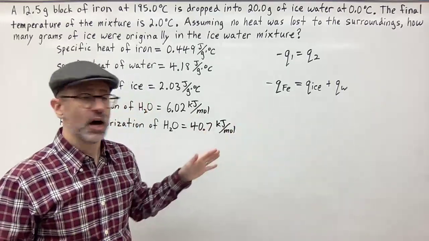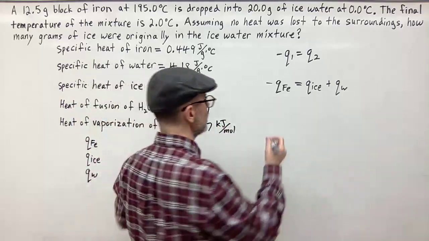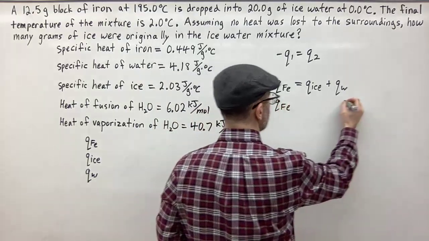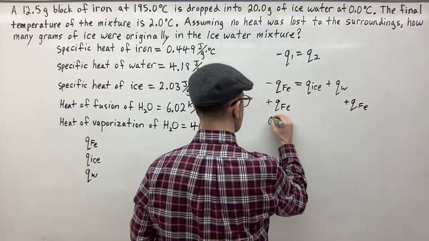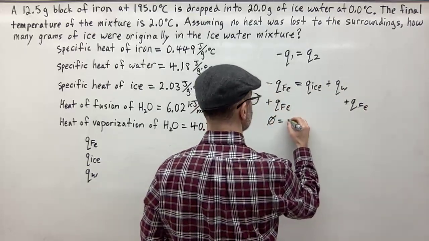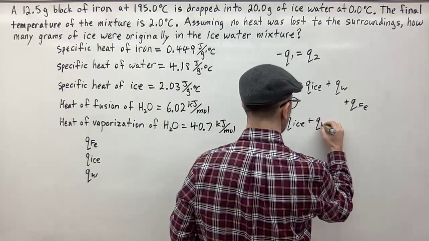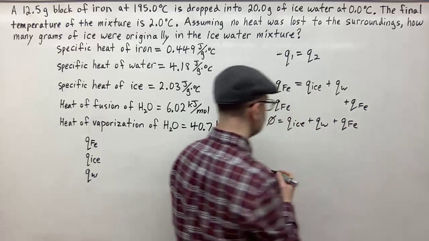But I like to put it all on one side. So if I make this on one side, I just do plus QFe. So then it becomes 0 is equal to Q of the ice plus Q of the water plus Q of the iron.